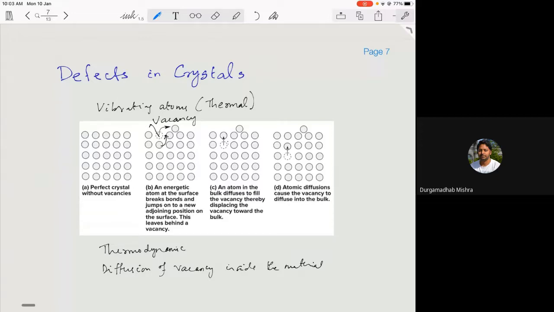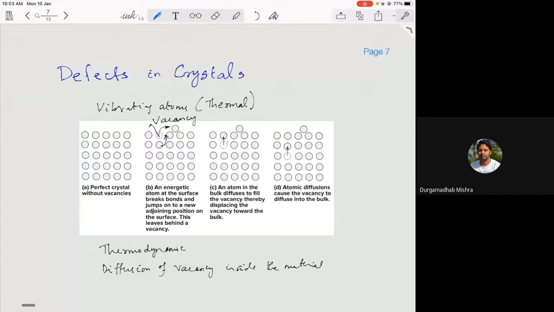So if you look at the leftmost picture, the figure A, it represents a perfect crystal. So all the atoms are occupying all the regular positions. But normally these atoms are actually not static.